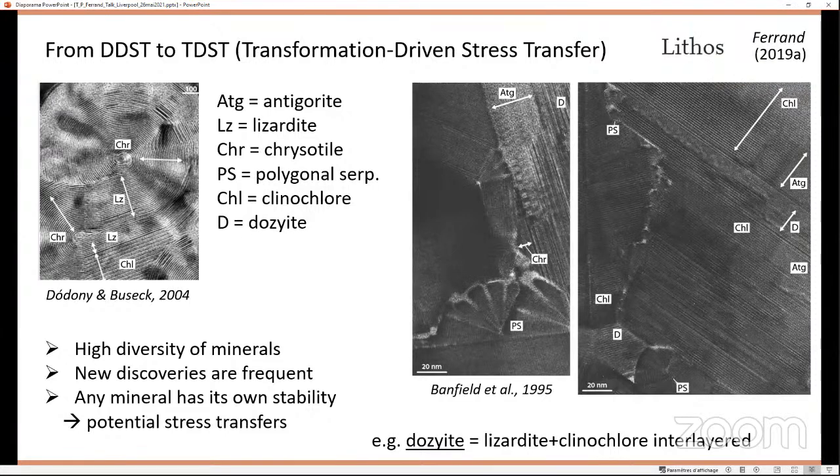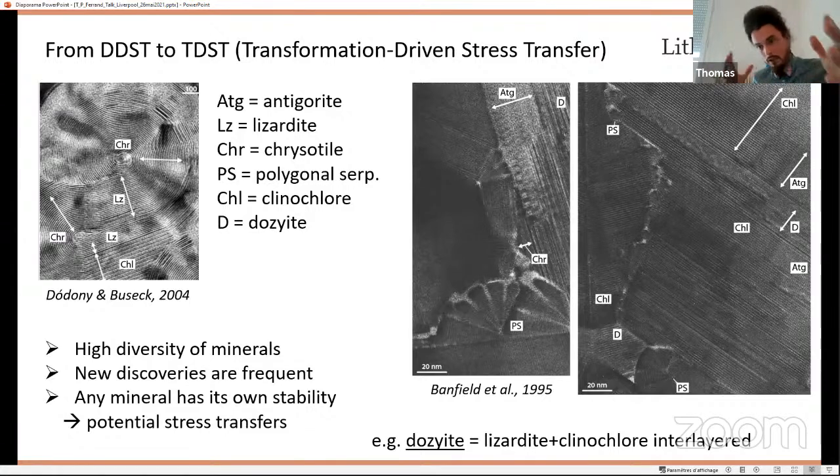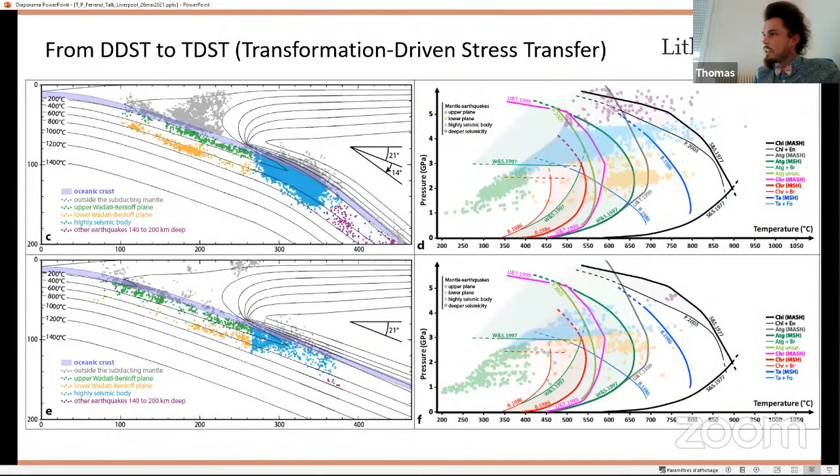So as I said, many phases, and the stability changes with the composition, and there are many phases that we discover. Some were discovered last year and some will be discovered next year, and we don't know yet the stability of them. And also there are associations between phases. For example, here, and I will try to go faster, this is an exercise I did for the northern Chile subduction zone.